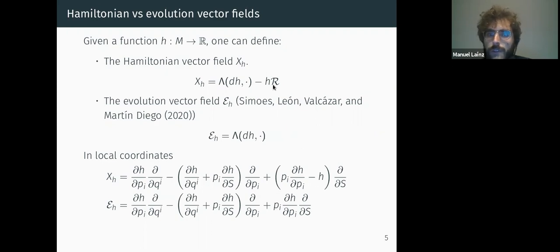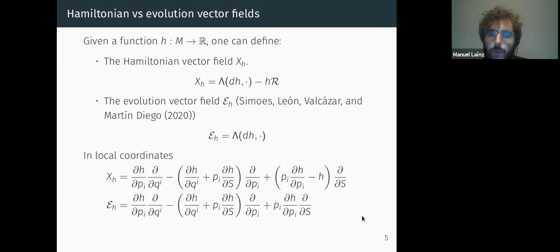You don't have this term with the Reeb vector field. In local coordinates it has the same expression in the q_i and p_i components, but this should be a z. Sorry. On the last component, depending on z, you have, well, this is different, right? In the Hamiltonian vector field, you have p_i dh/dp_i minus h, and in the evolution vector field, you don't have this h.